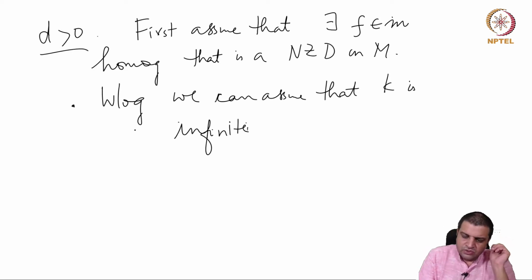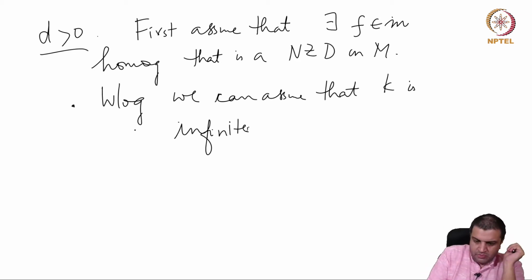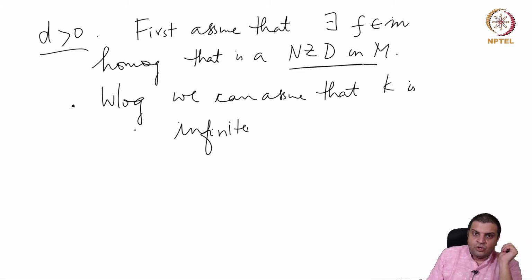So this I will explain in the exercises. It's a slightly longish calculation. But if K equals K bar, notice what we mean by there's a non-zero divisor.